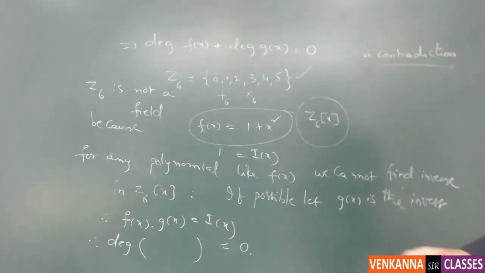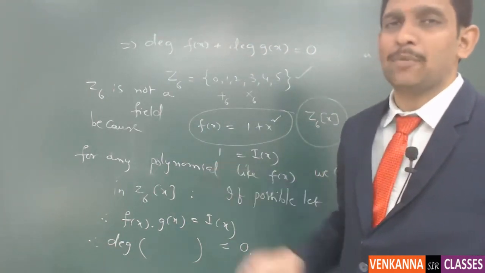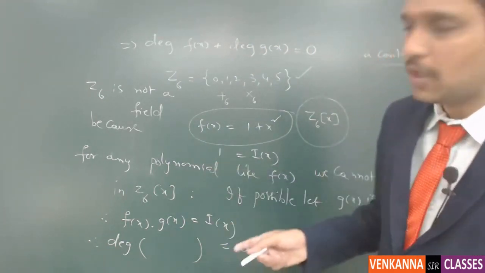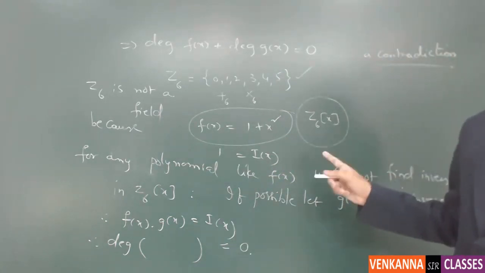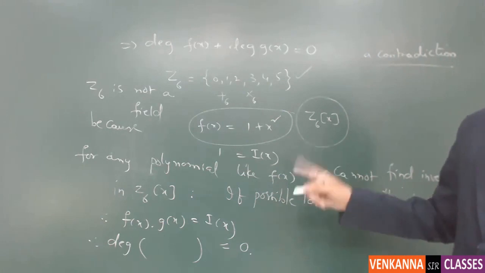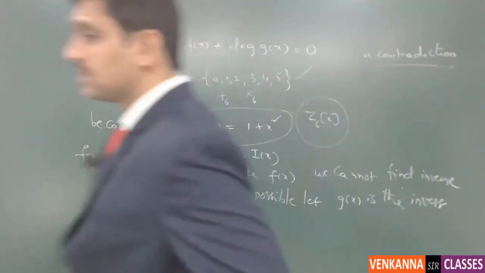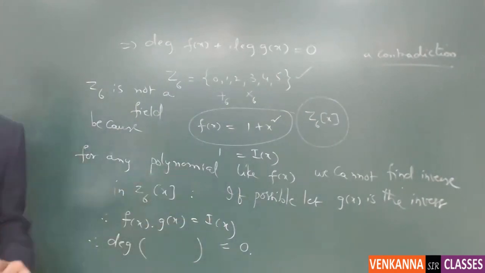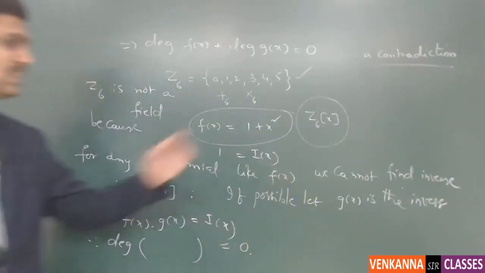And obviously the constant polynomial 1 is nothing but the identity polynomial. If you want to say that it is a field, we can say that every non-zero polynomial must have an inverse in it. So suppose the inverse exists there. Say g of x is the inverse of f of x here.